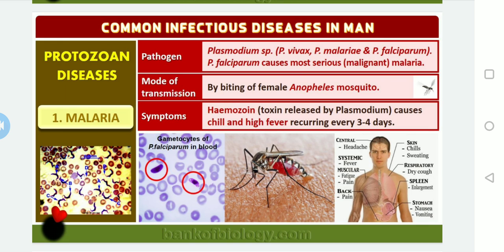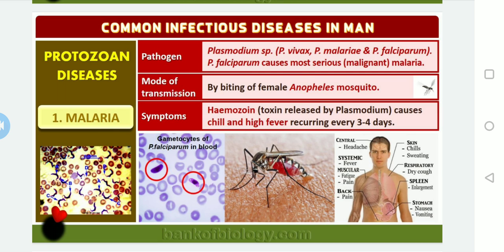The pathogen responsible for malaria: there are 4 species responsible for malaria. The first is Plasmodium vivax, then Plasmodium malariae, Plasmodium ovale, and Plasmodium falciparum.